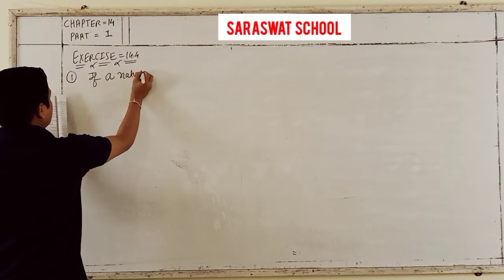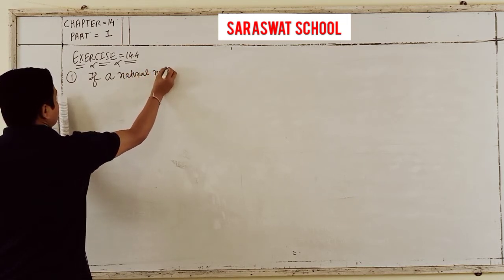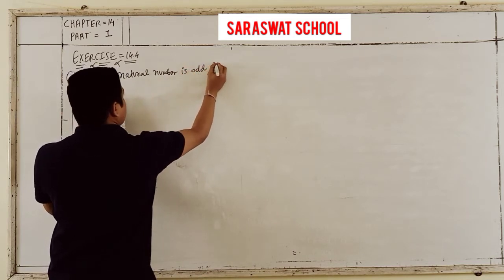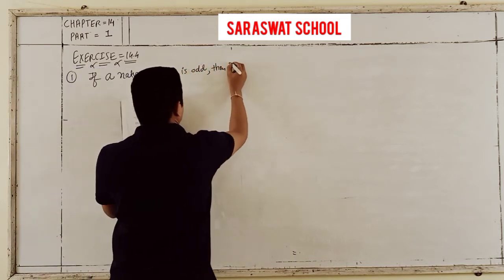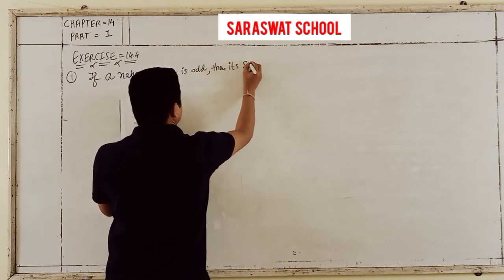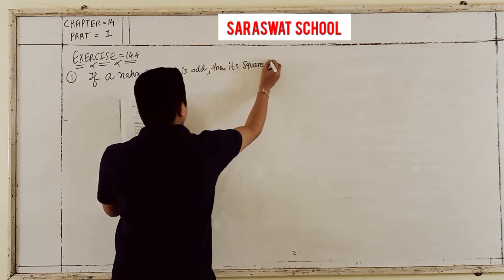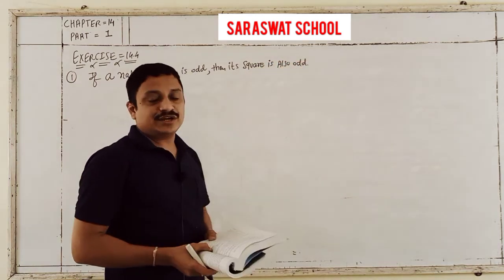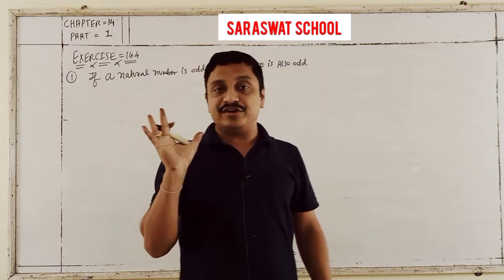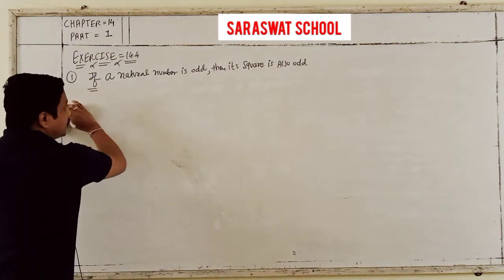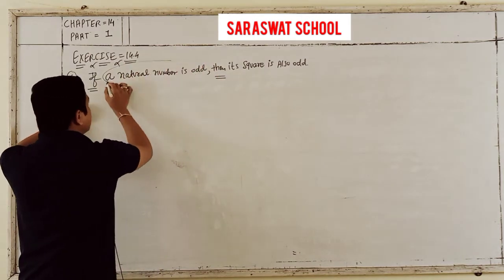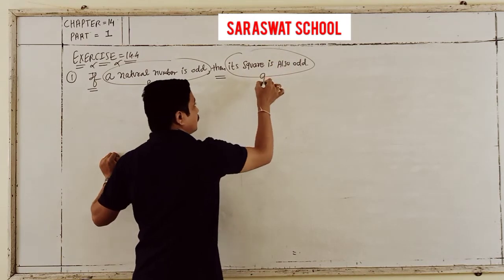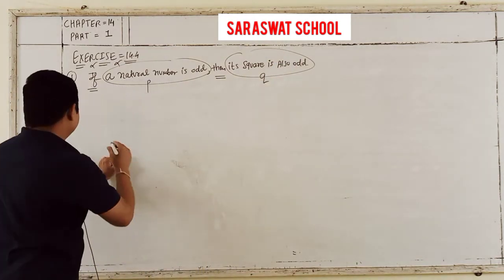a natural number is odd, then its square is also odd. Students, here I write down 5 different ways. Here if to then is given, so that's your P, and here our Q. First I write the contrapositive.